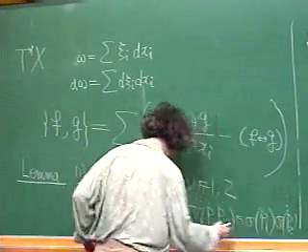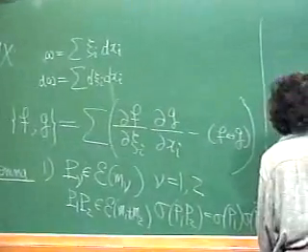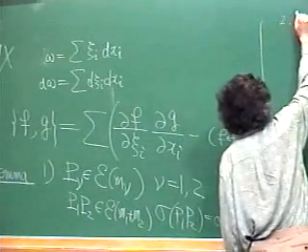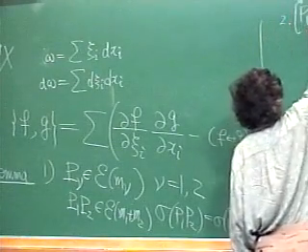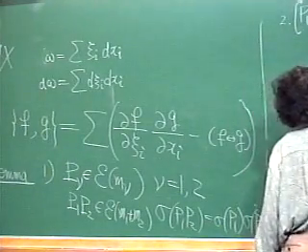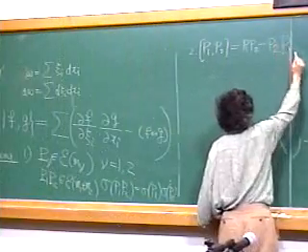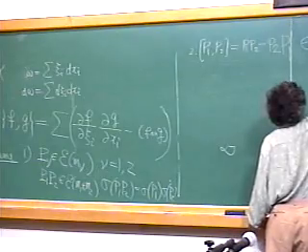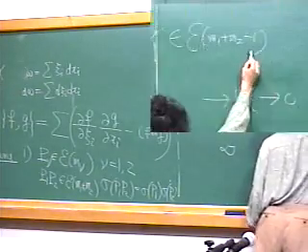And the other is, if you consider the commutator of P1 and P2, that is P1 P2 minus P2 P1, it is of order M1 plus M2 minus 1.